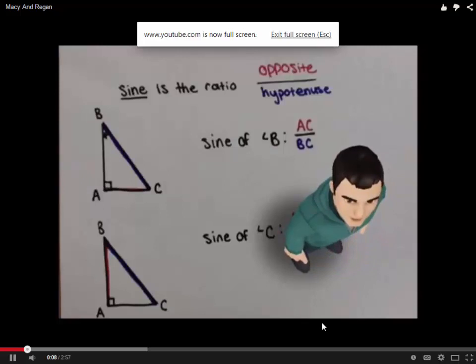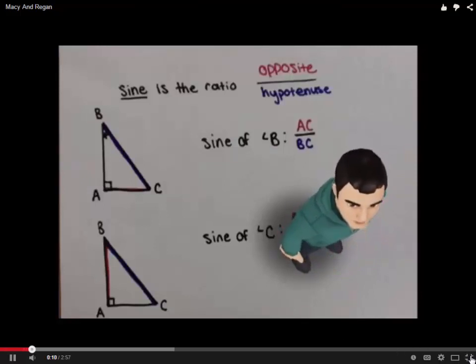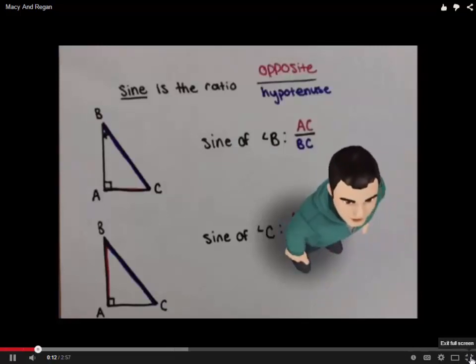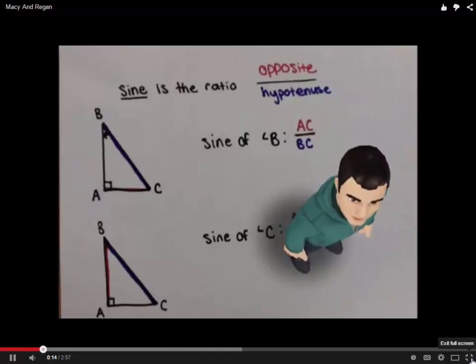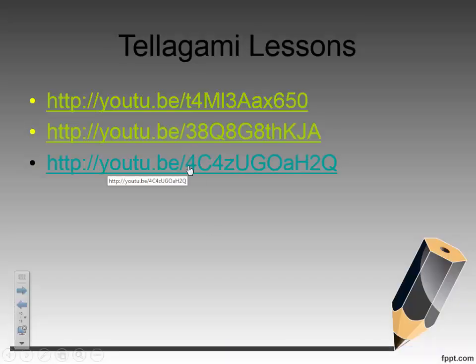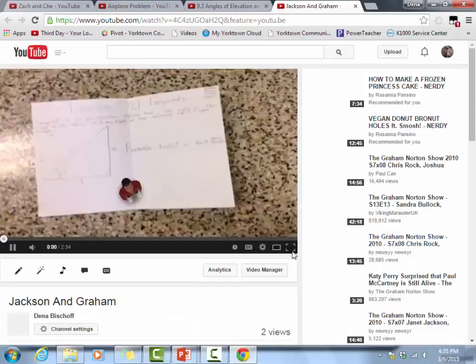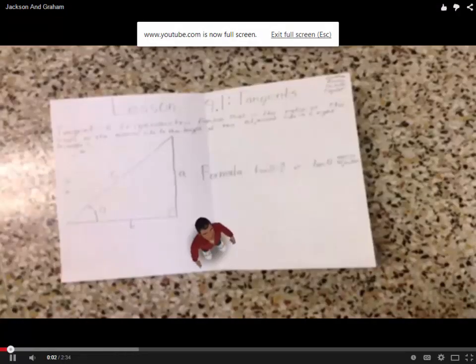Of the opposite leg over the hypotenuse. And the opposite leg is in red, and the hypotenuse is in blue on this first example problem. And here's another example. Hi, my name is Graham, and this is my partner, Jackson, and we're going to be teaching you about lesson 9.1, tangents.